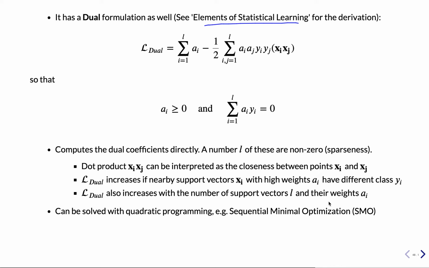If you look at this formula, or this loss function, first of all, we see that here we're dealing with a dot product, xi, xj.